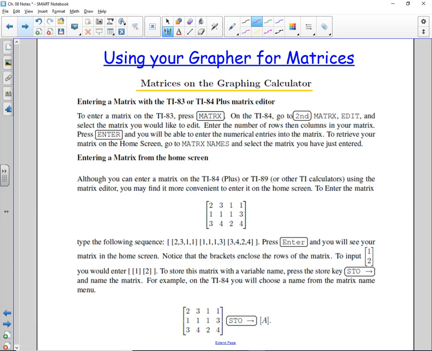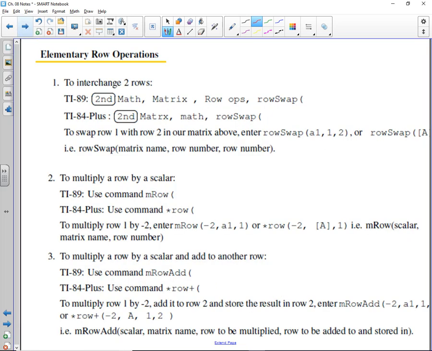For instance, this is just how to put it in. We already know how to put it in, that's no big deal. But you can actually do things like row swap. You can actually change one row to another. You can do row operations with your calculator. There's this whole menu where you can actually do things like, hey, I want to multiply a row and then add it to another.